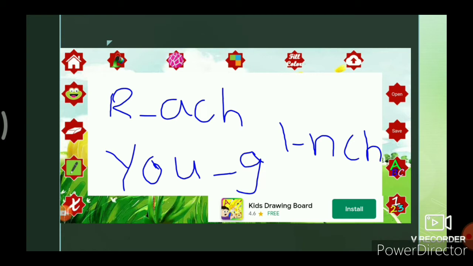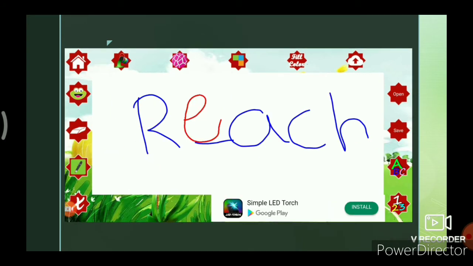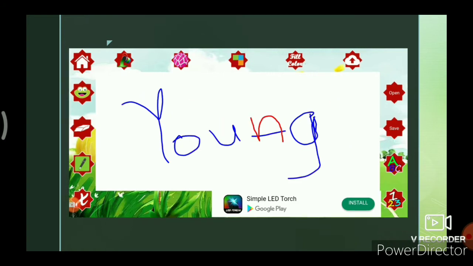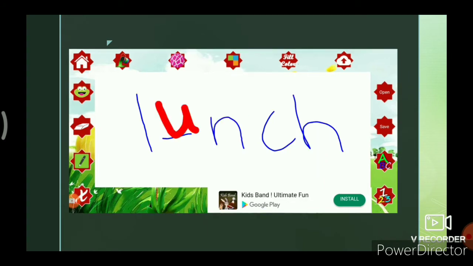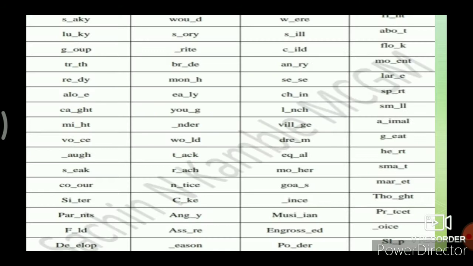In this way, you think over these words and fill the correct letter. Now this first R-blank-A-C-H, R-E-A-C-H means E is the letter I fill. In this way, we learn the second example Y-O-U-N-G, young, and the third example is L-U-N-C-H.